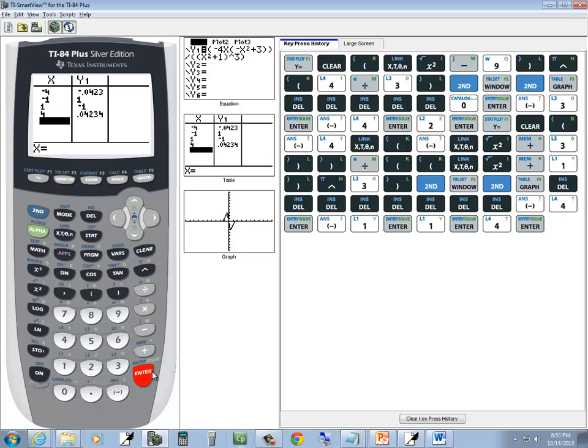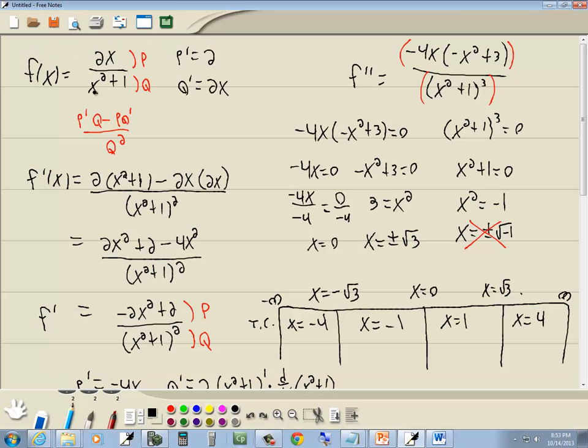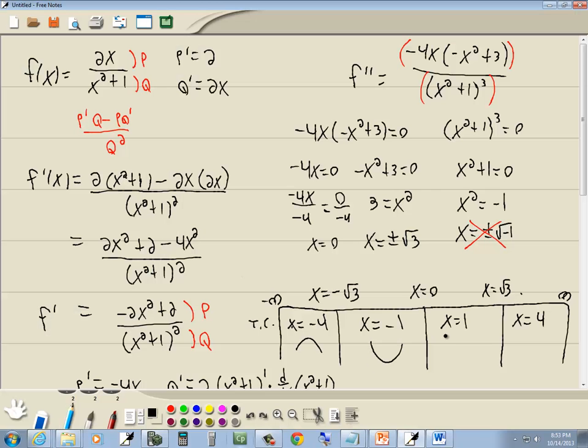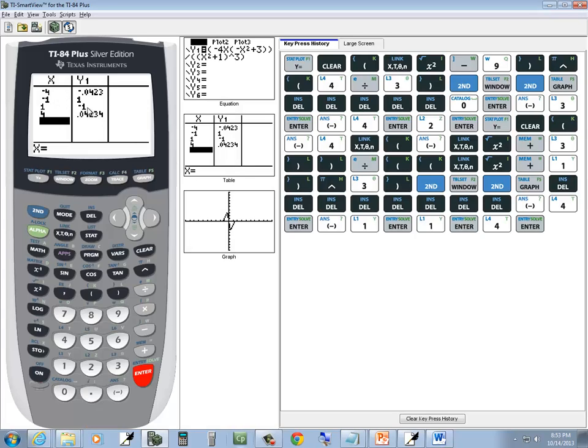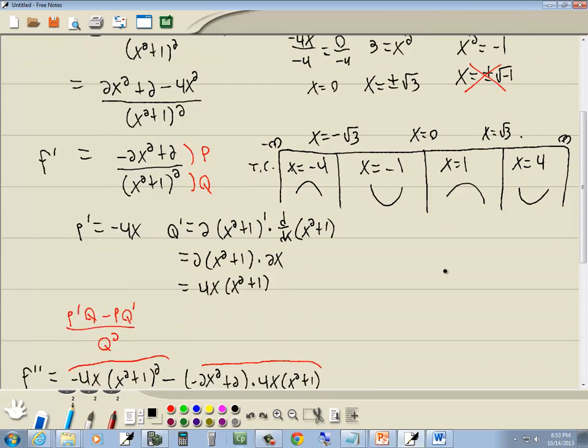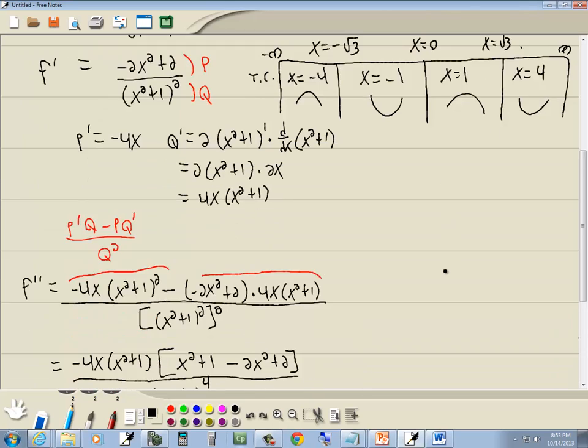Okay, -4. That gave us a negative value, which means this is concave down. Now -1. That gave us a positive value, which means this is concave up. 1 gave us a negative value, which means this is concave down. And 4 gave us a positive value, which means this is concave up. So our answer, based upon that, is it's concave down from -infinity to negative square root of 3.